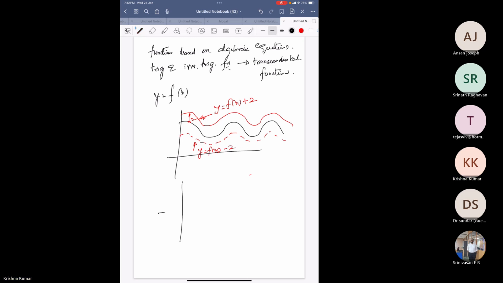Now let me take this function, and I'm going to shift it horizontally, to the left.